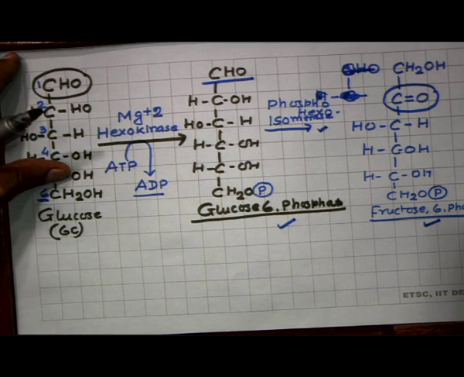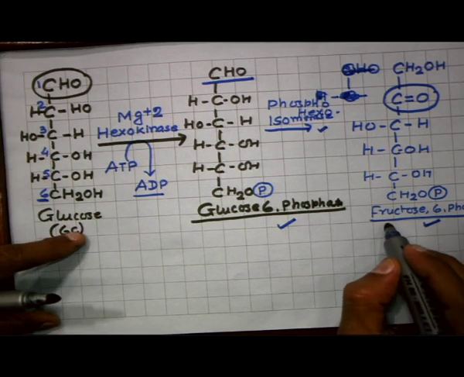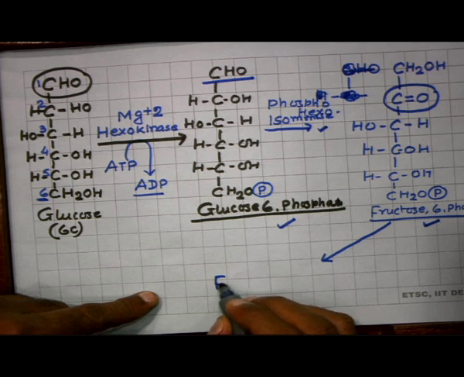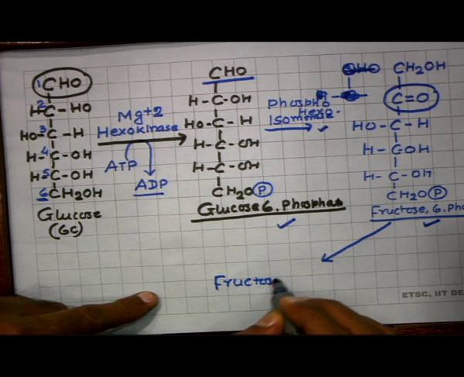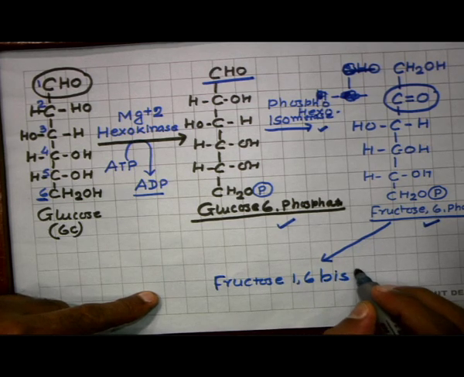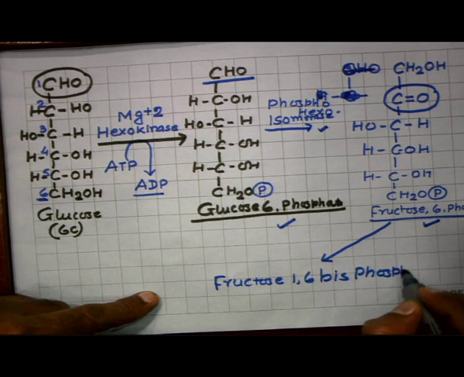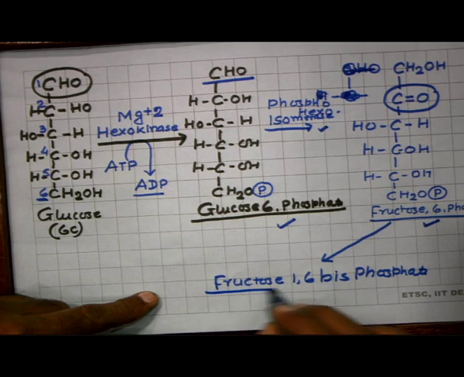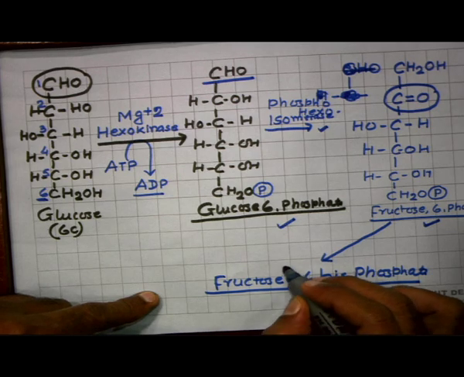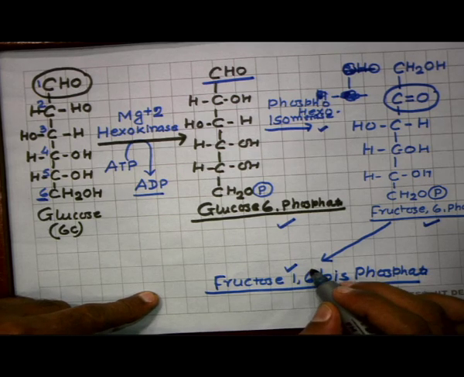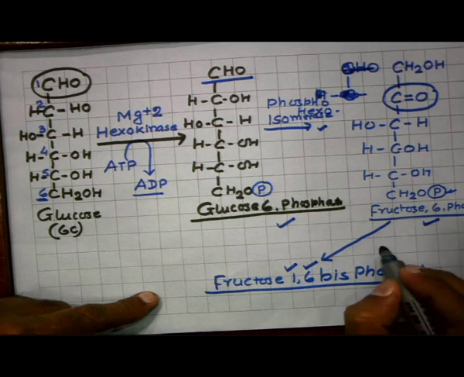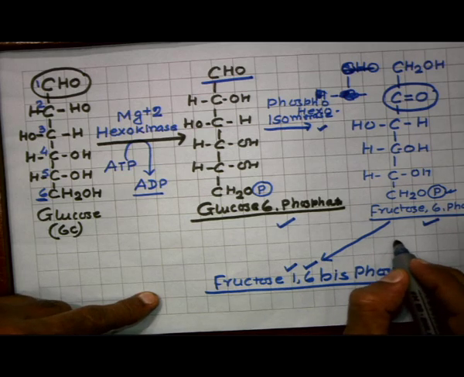Now, the fructose 6 phosphate molecule is converted into fructose 1,6 bisphosphate, as one phosphate is added at carbon 1 and another is already present at carbon 6. So, it requires ATP.